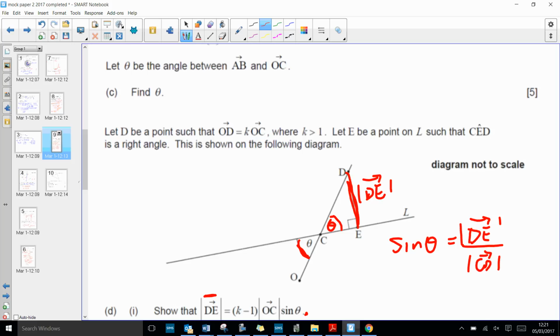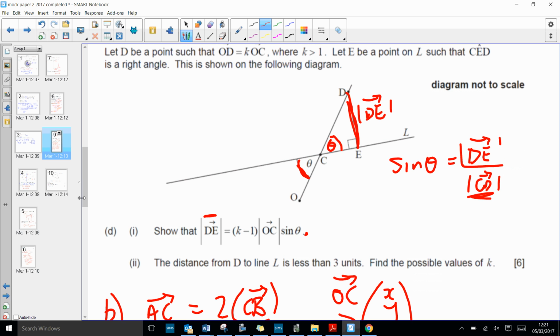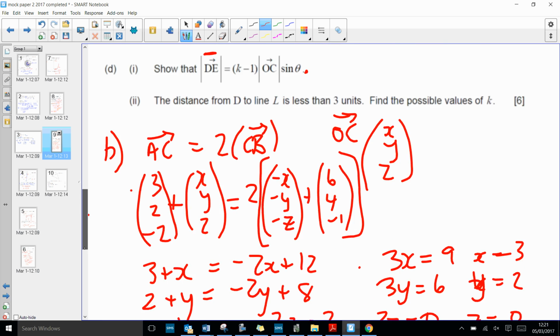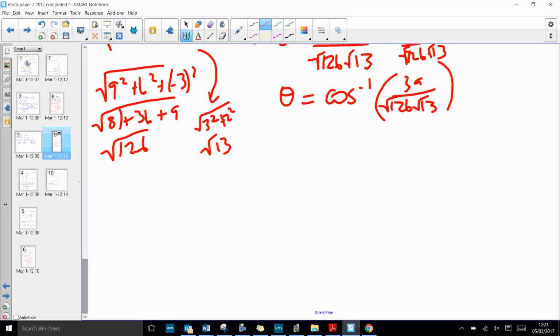Okay, so that's an expression that we're missing, this length CD. So let me write this down here. So sine theta is length DE over length CD.